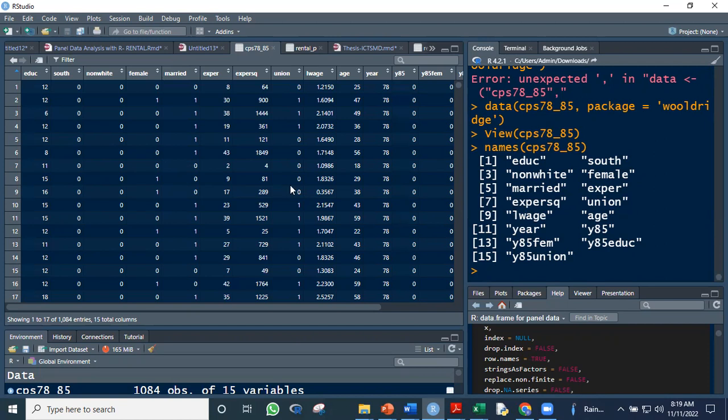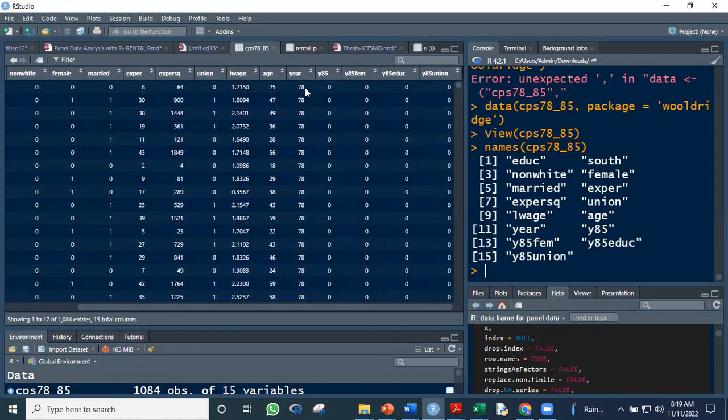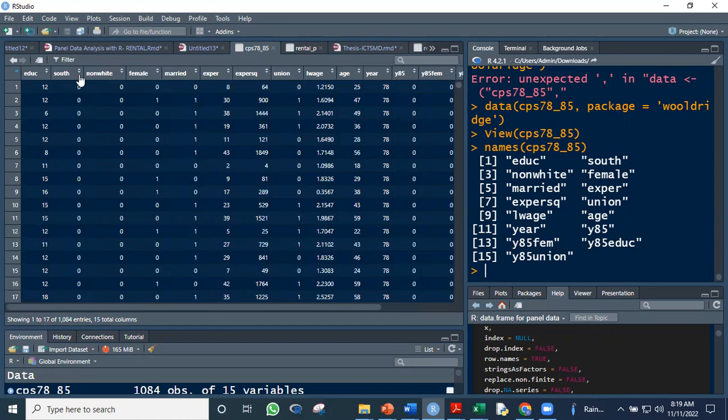Only, what's the difference? Here we have year, 1978 and 1985, so two years. These are people being interviewed, and their data were taken both in 78 and 85.